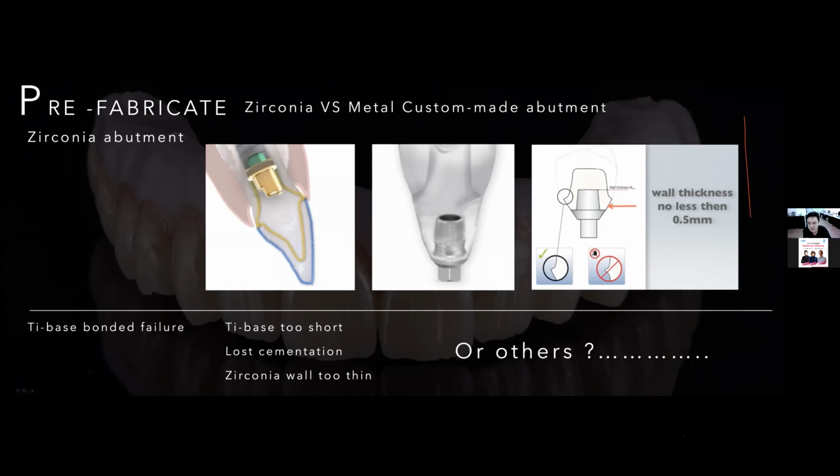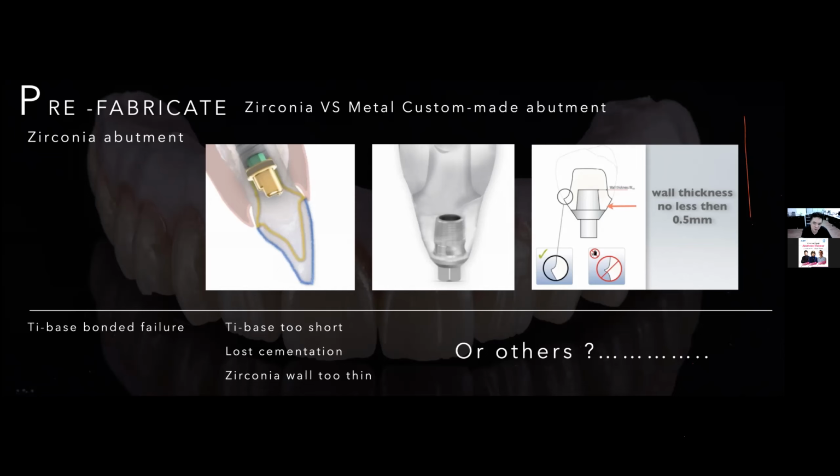Another thing is to take care of designing your zirconia thickness. Please make sure, especially in the posterior crown, that your zirconia thickness on the titanium base margin is enough. Please make it over 0.5 millimeter. If it is under that, sometimes when the patient is chewing and there is lateral force in the patient's mouth, the margin area will chip or break.